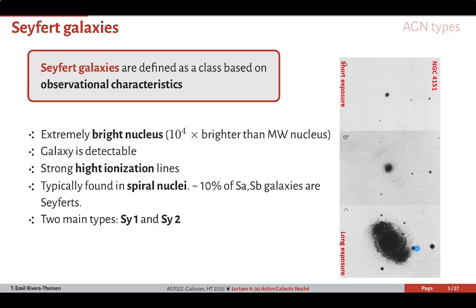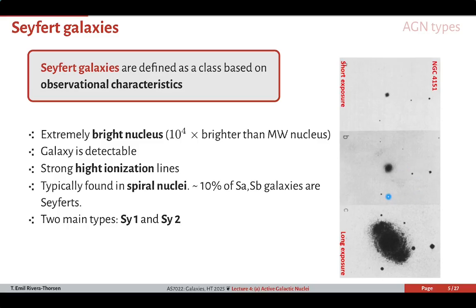This also should give us a hint of exactly how bright the nucleus actually is: in the short exposure, we can very clearly see the nucleus, but the larger stellar population is basically invisible. It is just not bright enough to be visible at such short exposure time.